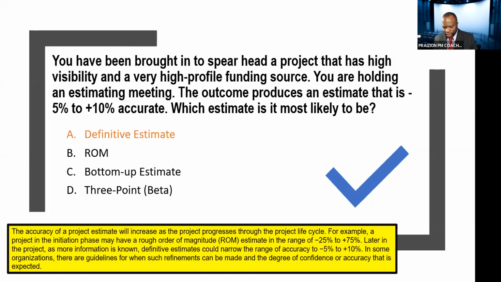In some organizations, there are guidelines for when such refinements can be made and the degree of confidence or accuracy that is expected. All right, so this is in the guide. Thank you very much, Maribel, for typing in page 241. Thank you, Yolanda. Awesome. So it is helpful to know where in the book these are. Okay, well done, my friends.